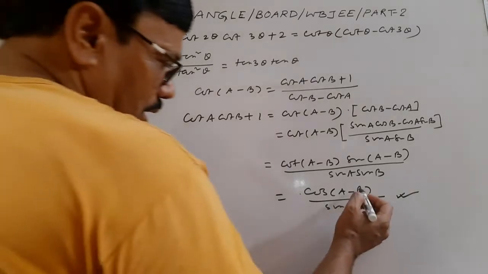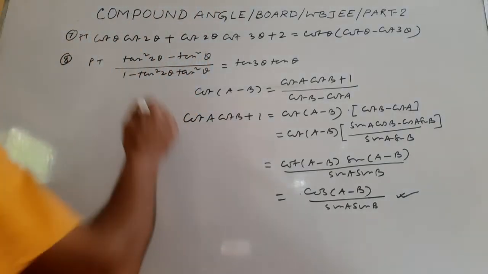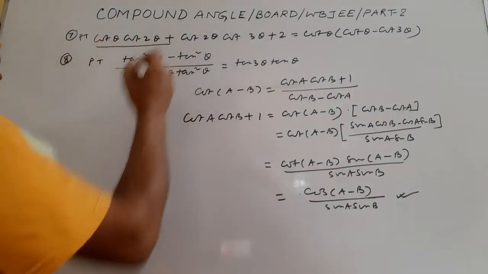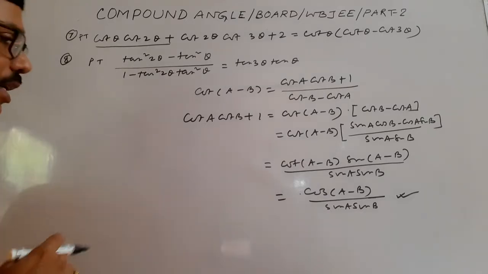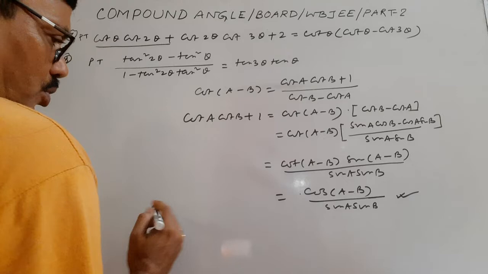So we use this result. Look, for the first one, this is cot theta into cot 2 theta. So putting A equals theta, B equals 2 theta.